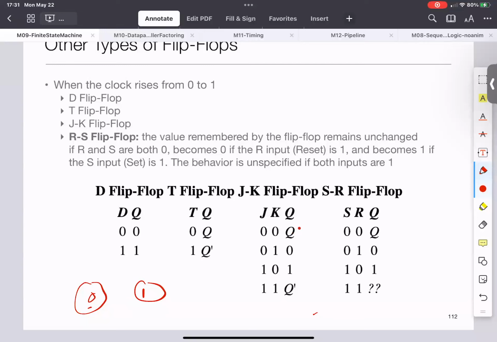So if you look out here, if Q is 0, then either J and K are both zeros, I stay put, or J and K are 0, 1, then I stay put. And therefore I stay put if it is not J. What about 1?